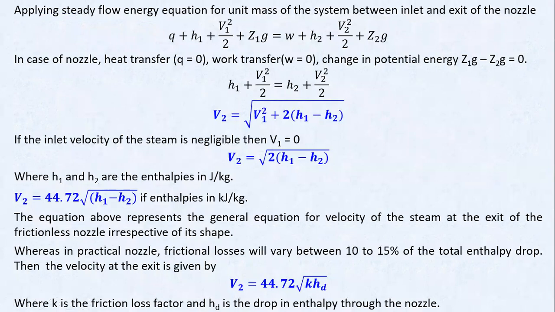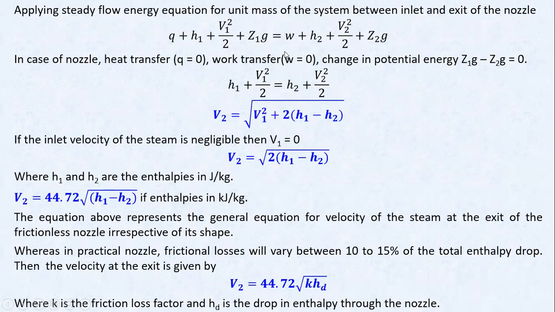Now, applying the steady flow energy equation for unit mass flow between inlet and exit, which we have already studied in basic thermodynamics, it will be Q, that is heat, plus H1 enthalpy, plus V1 square by 2, that is kinetic energy, plus Z1g potential energy, equal to W plus H2 plus exit kinetic energy V2 square by 2 plus Z2g.